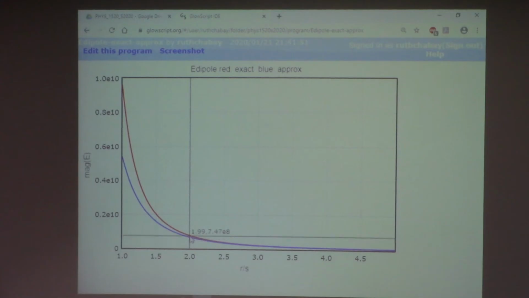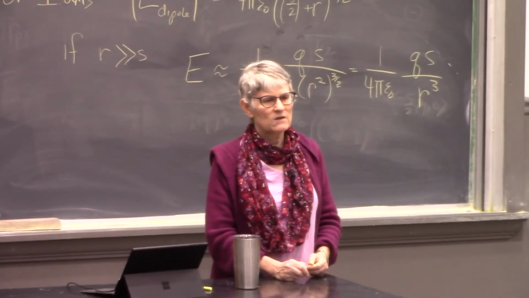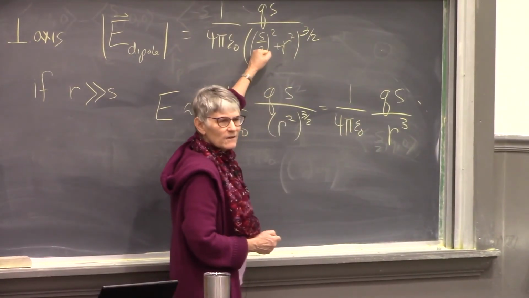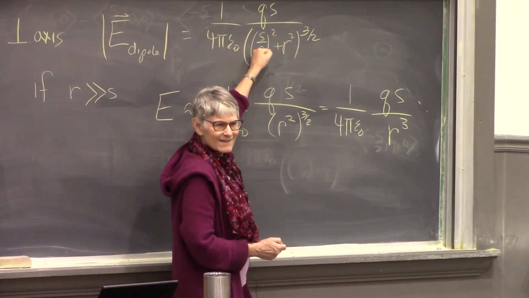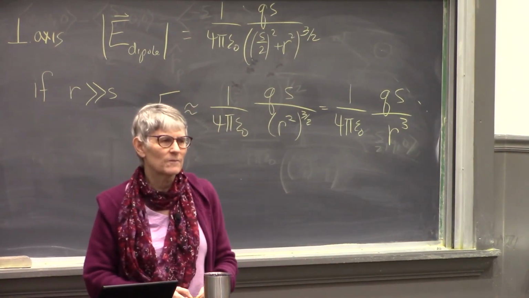But by the time you get to 2 times s, so you're twice as far away as the dipole separation, it's pretty good. It's actually better than you think it ought to be. And after that, it's pretty much indistinguishable. Which means that we are almost never going to bother using the exact equation. So approximations are your friend, and this is quite a good one.